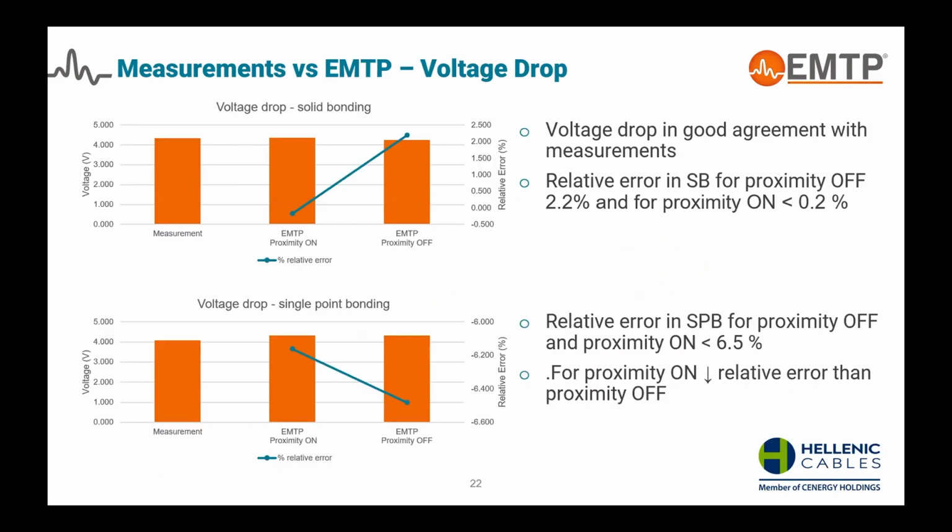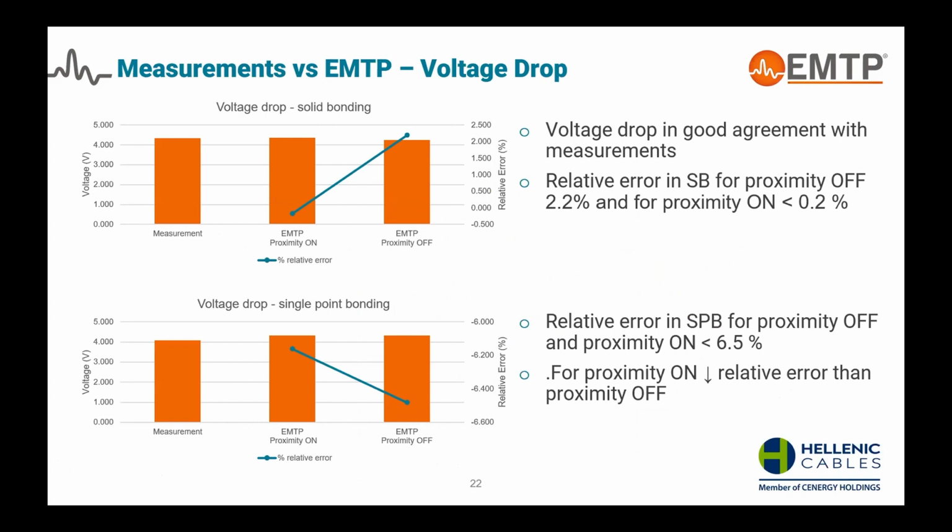Regarding the first results now, we have again the voltage drop, for solid bonding and single point bonding. At the solid bonding, we have a very good agreement between simulation and measurements. The relative error in solid bonding for proximity off is around 2.2%, and when proximity is on, it is less than 0.2%.